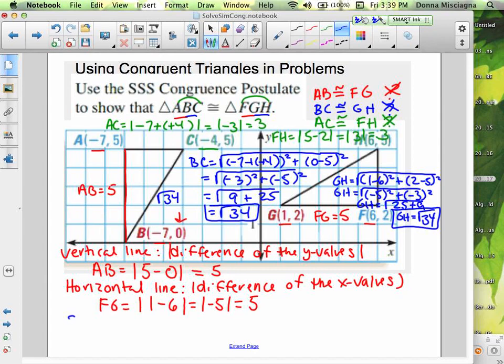Okay? So since AB, no, that one is equal to, that was AC equals 5. And FG equals 5.